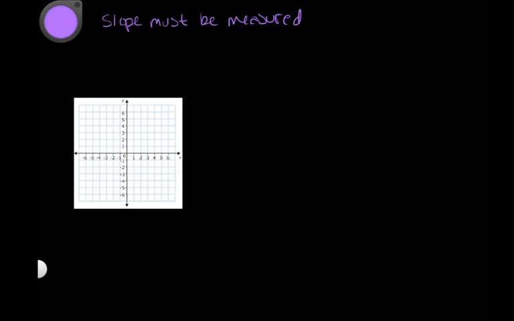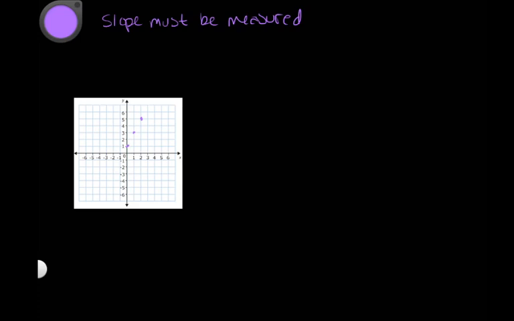So we're going to use a grid here, and I'm going to put some points on. So if we have points that go from, I'm going to draw my points on, so here, and right here, and then right there. Okay, so you can see that there are 3 points on this graph.